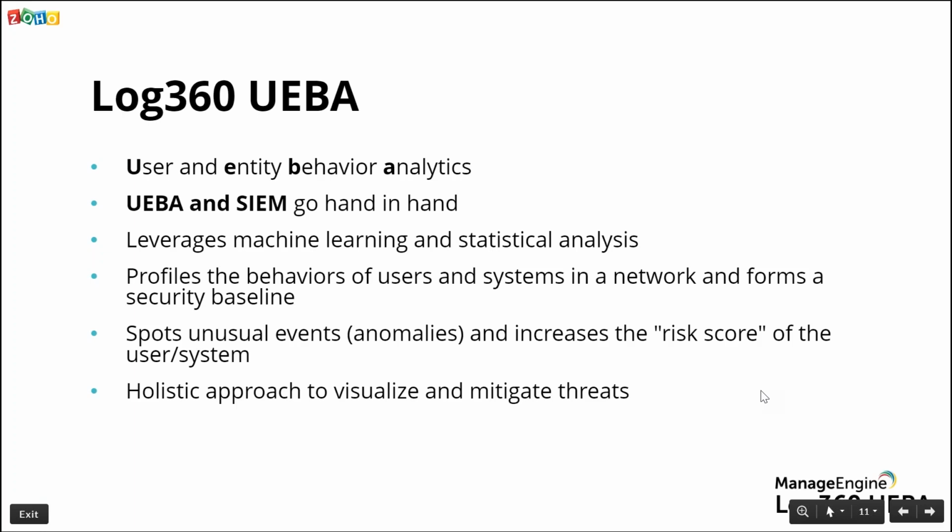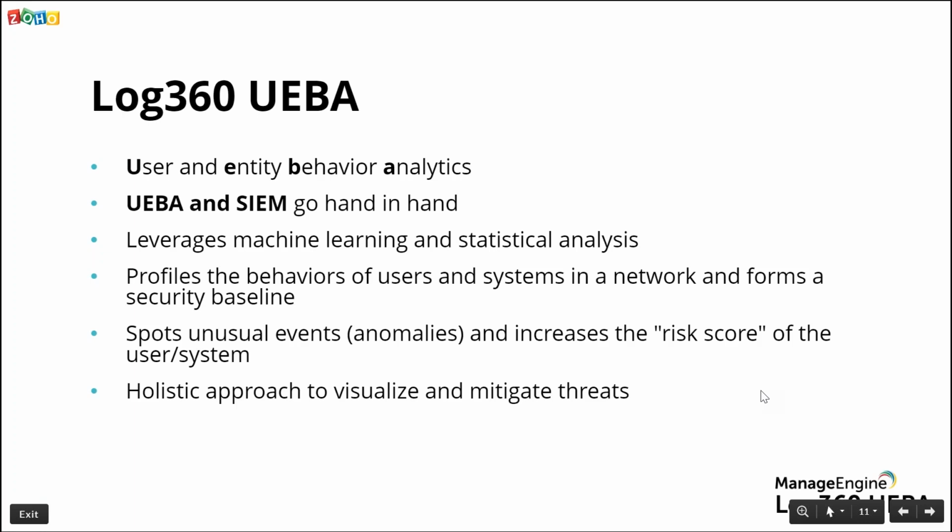That's what we call anomalies, and it increases what we call a risk score of that user or system, right? So the risk score is basically a number, and I'm going to show you that in just a moment. Each time an anomaly is detected, the UEBA solution will increase the risk score of that user or system. And this is specific anomalies to that user and that system.